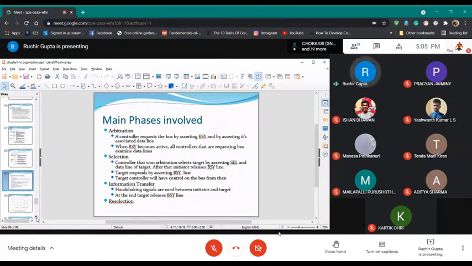And after arbitration and selection, the information transfer will take place. In information transfer, handshaking signals will be there between initiator and target. And at the end, the target will release the BSY signal. After this, the logical connection will be suspended and the target is ready to restore it.